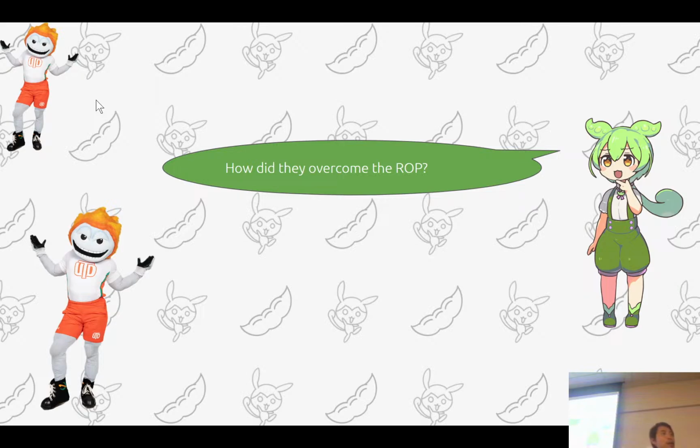So how did they overcome ROP, return-oriented programming? Does anyone know the solution, or can come up with an idea? Like how the compiler designers and security people did it.